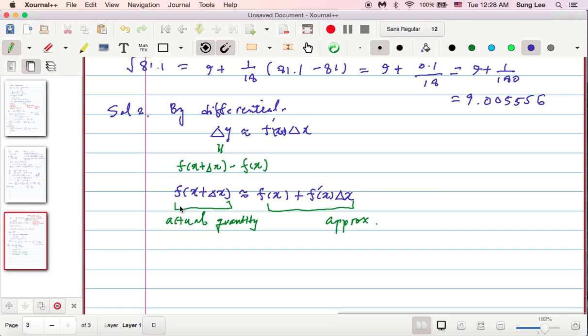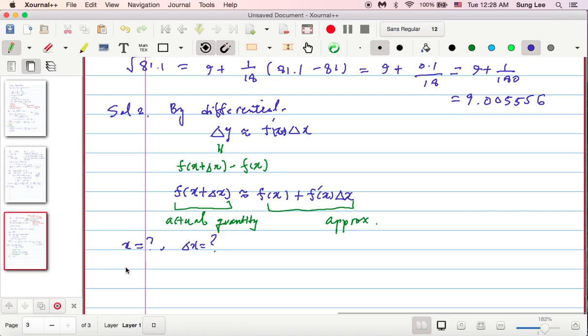So all you have to figure out is x as well as delta x. Then you are done. All you have to do is put them into this formula and then calculate. And how do we figure out x and delta x? Well, no big deal, because f of x plus delta x is the actual quantity.